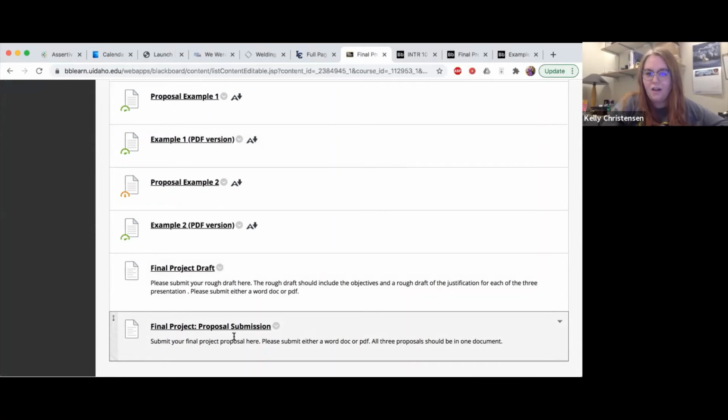Make sure that all of the proposals are in one document together, one file, and then you'll need to submit it as either a Word document or a PDF. Those are the easiest things for me to get. If you're submitting it as a Google document, make sure to copy and paste the share link and stick it into either the comment portion of the proposal submission or somewhere else in there.